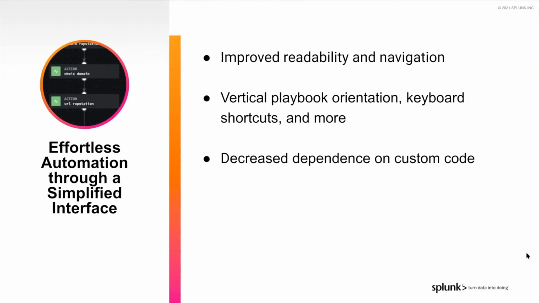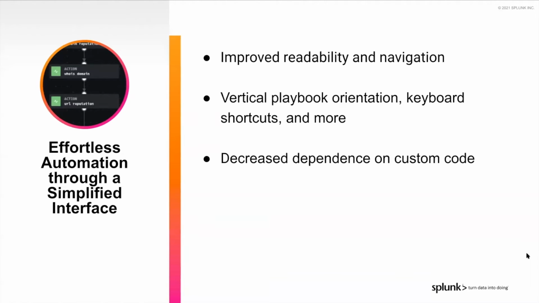There were a few key areas that we focused on when designing the new Visual Playbook Editor. The first was a focus on simplifying the interface to make automating easier than ever. We did this by improving readability with a bolder color palette, new block shapes to clearly differentiate between block types, wider blocks supporting longer descriptions, and labels on lines coming from filters and decisions. We also added an auto-arrange feature, which helps organize your automations so others can easily understand them.